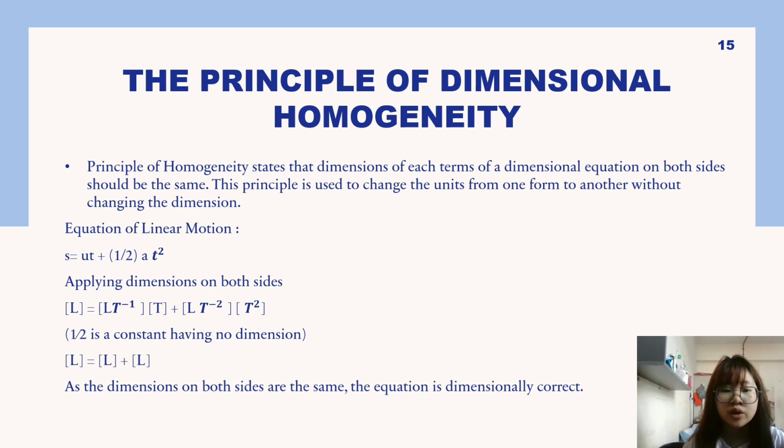The 1 over 2 is a constant, which doesn't have any dimensions. So lastly, we would get all same dimensions for this equation, which is L, length. As such, the dimension on both sides are the same, so the equation is dimensionally correct.